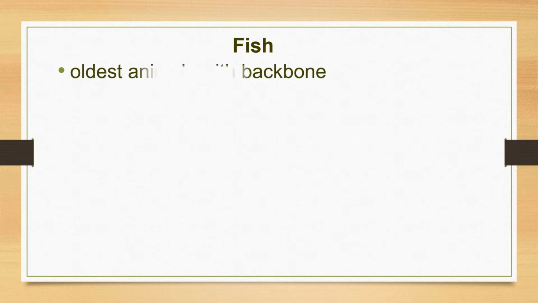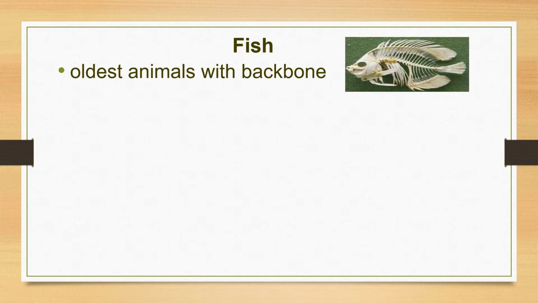What do you mean by fish? Fish are the oldest animals with a backbone. We have here a picture of a fish, so you can see the backbone there. What else? Fish also are considered cold-blooded animals. What do you mean by cold-blooded animals?